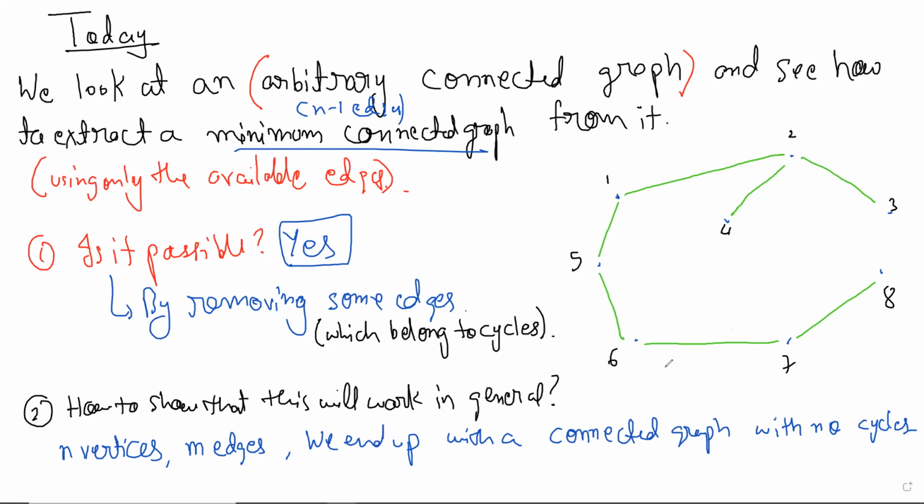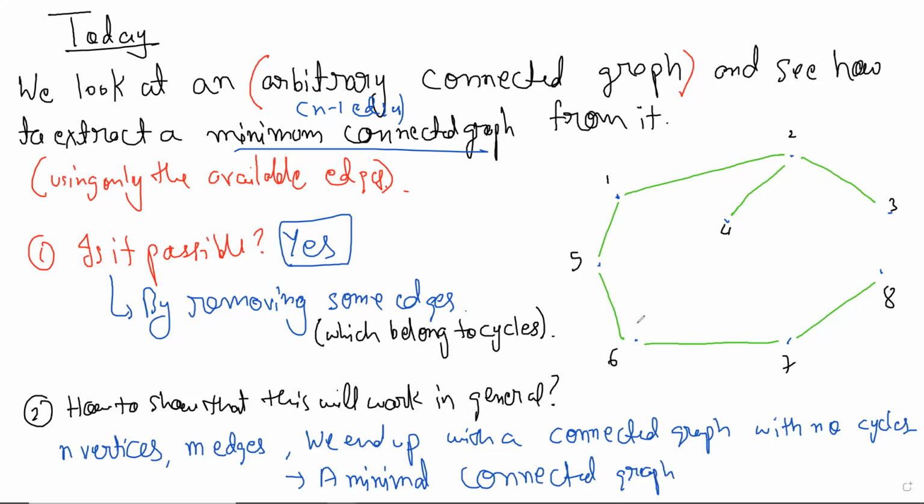But let's just again try to run the explanation. Well, what we certainly have is this. We have a connected graph with no cycles. This is a minimal connected graph. This is clear. I'm not saying minimum, I'm saying minimal.